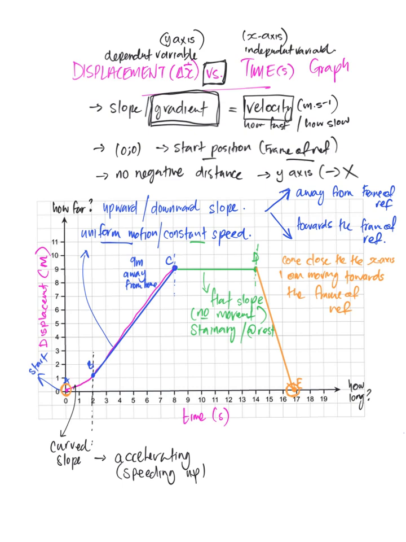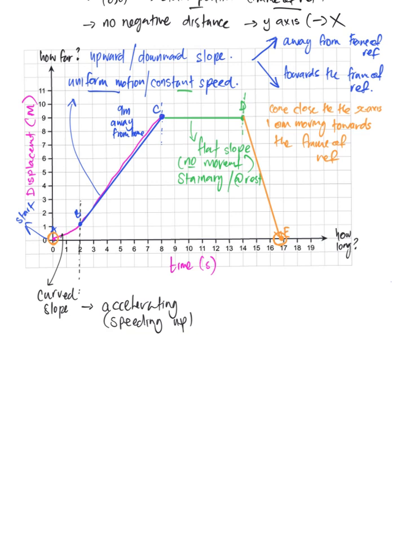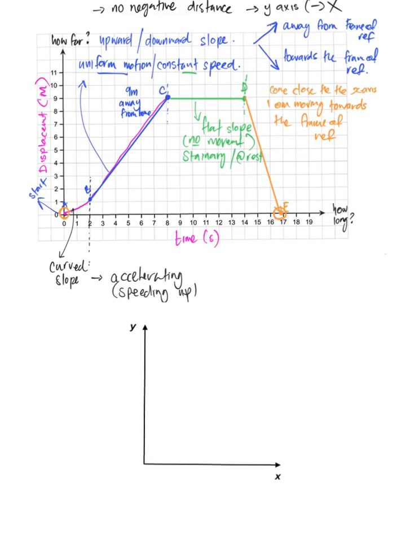Now look at the two gradients. The gradient of CB versus the gradient of DE, let's have a look at those two gradients. When we look at different types of gradients, we need to understand what the gradient is actually telling me.